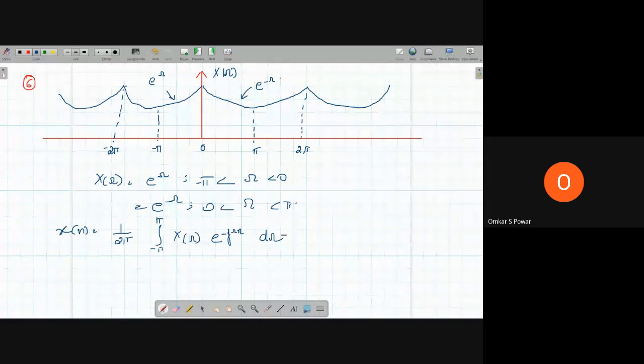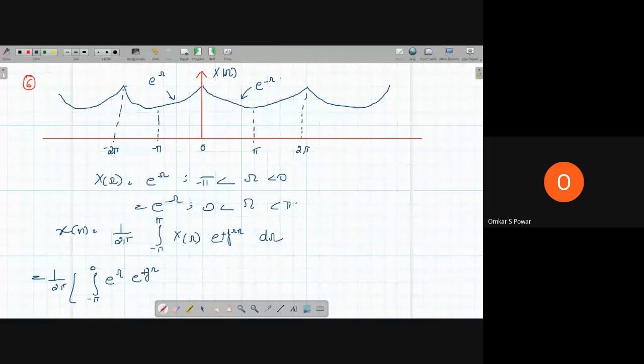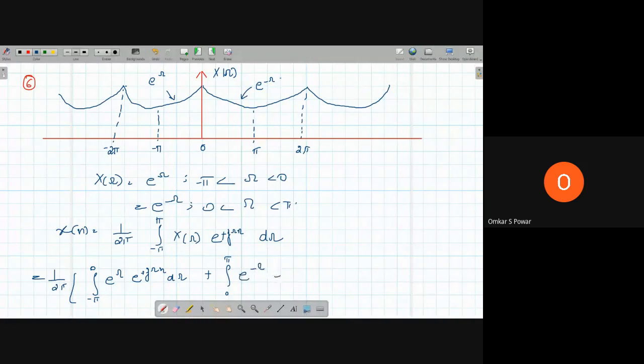So again, the same method: 1 by 2 pi integral minus pi to 0 e power omega e power j omega n d omega plus integral 0 to pi e power minus omega into e power j omega n into d omega.